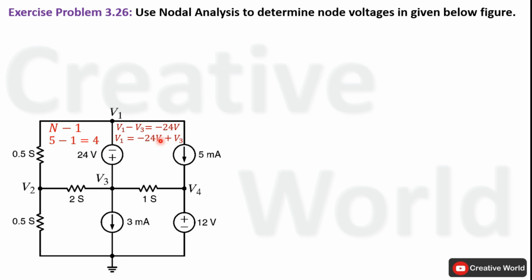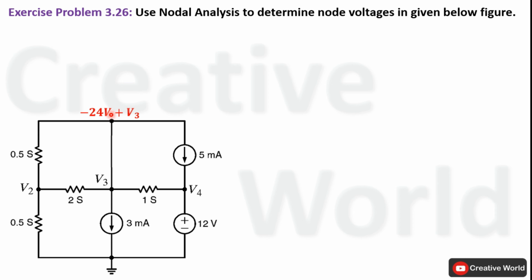Using this equation, we can replace V1 with minus 24 volts plus V3 so that this voltage source merges into this node, and we can form a supernode here. Here V1 is replaced with minus 24 volts plus V3 and this node is converted into a supernode.